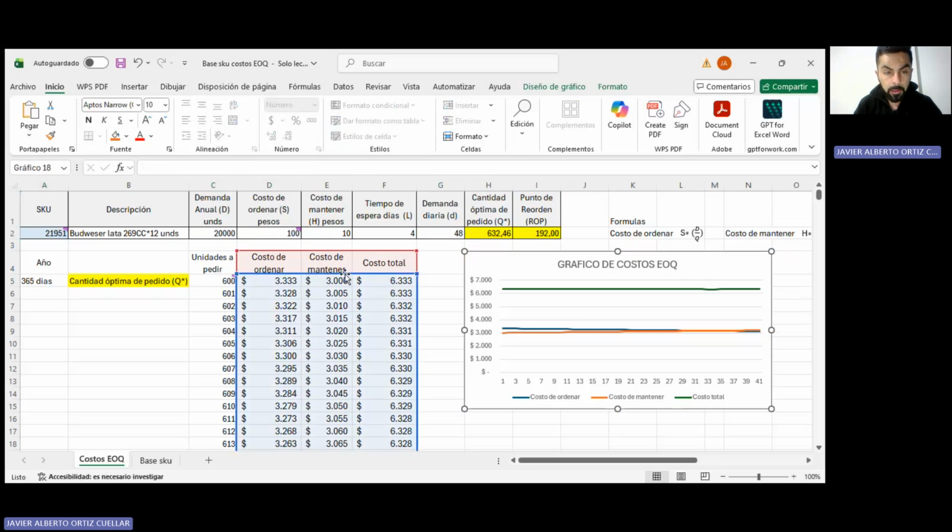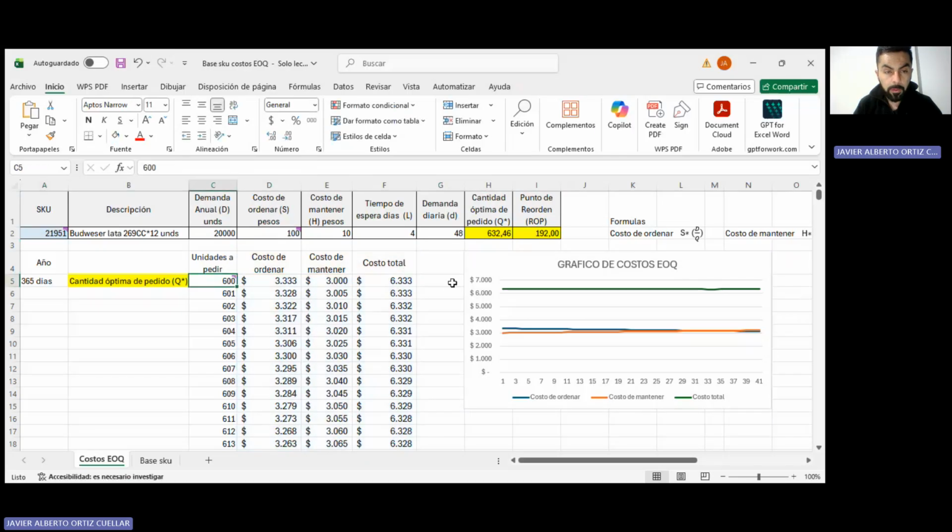In the example, I took the units in stock as 1600, and we can see the graphic and the intersection for the ordering cost, holding cost, and current demand forecast.